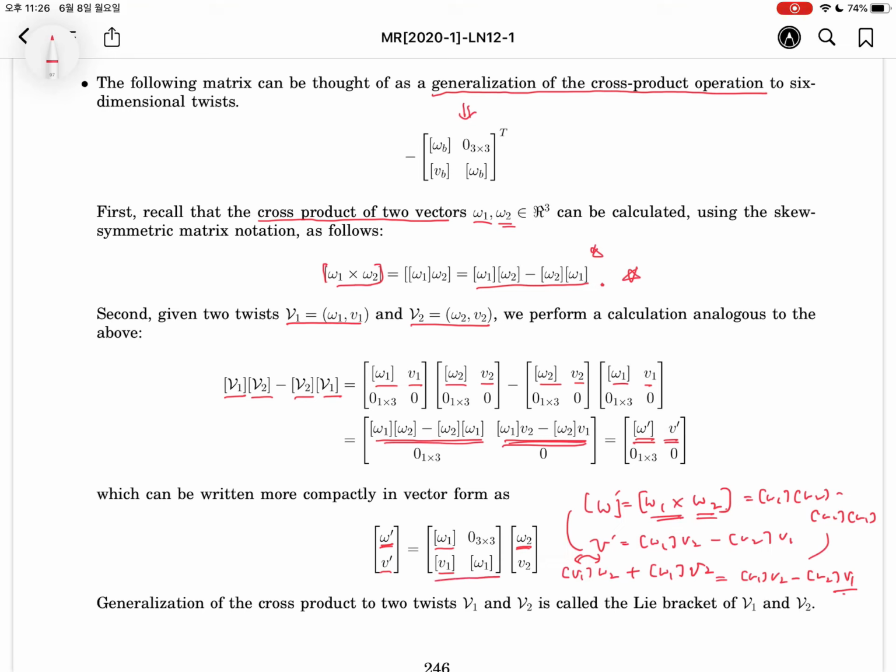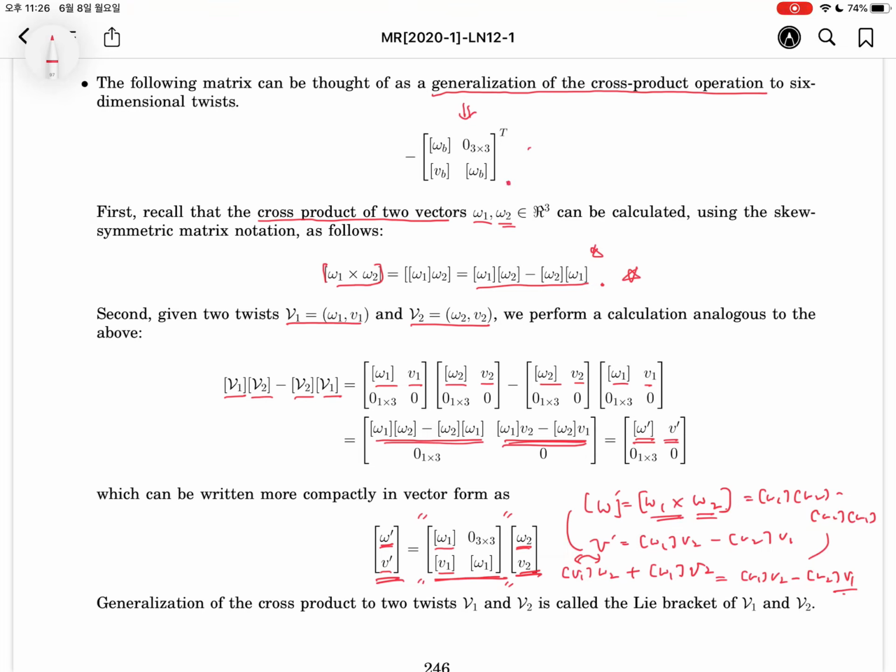Okay, so this 6 by 6 matrix will produce another twist from the given twist. Okay, the twist can be exchanged into the other one. So actually this 6 by 6 matrix performs the cross product operation between the two twists, V1 and V2.